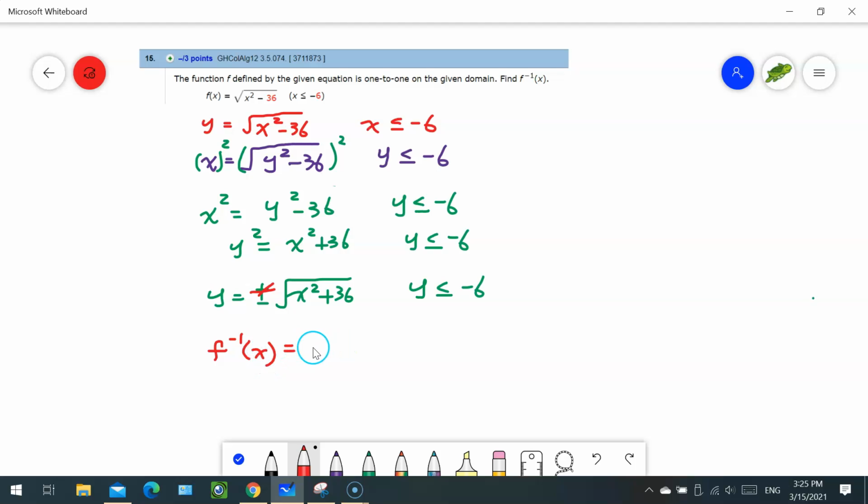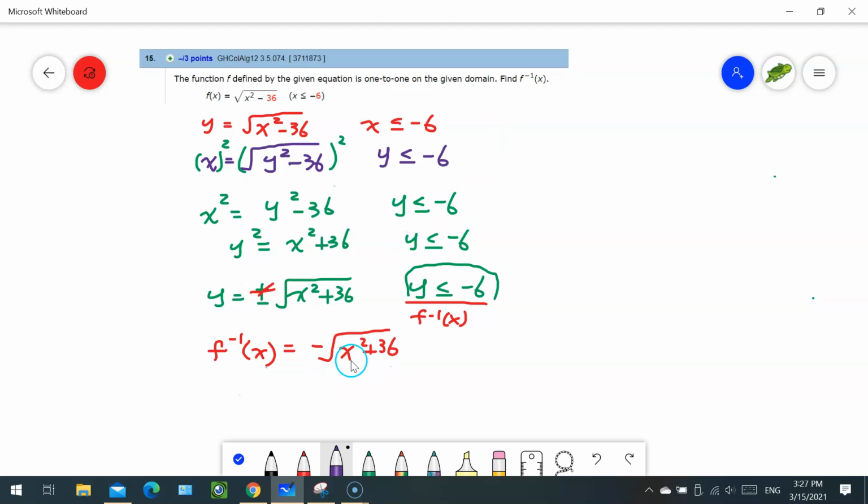And then the inverse function of the f of x is equal to negative root x squared plus 36. Because the restriction here tells us y is a negative value, and the y is the same as your inverse function. So we solve for the inverse function.